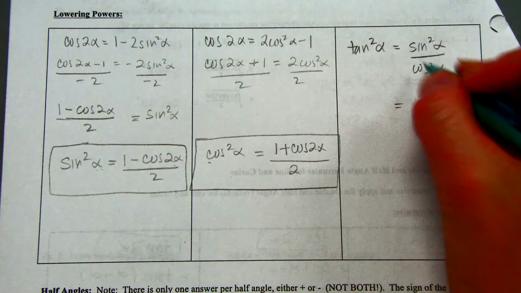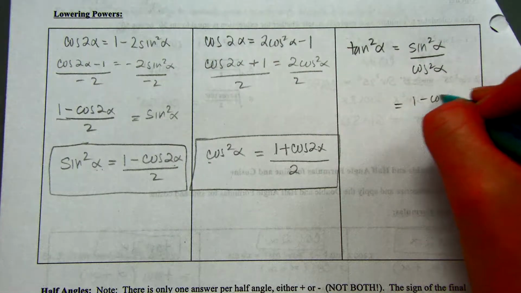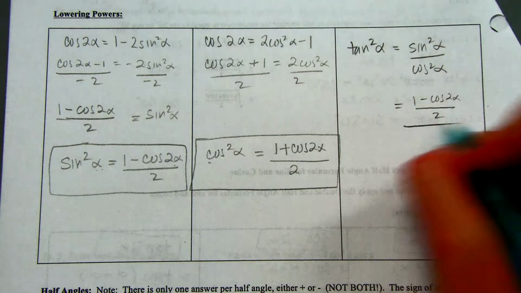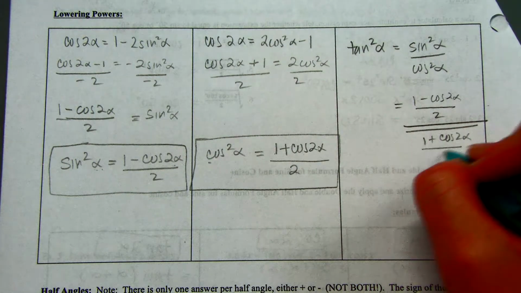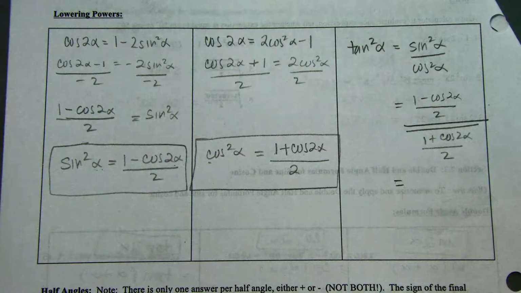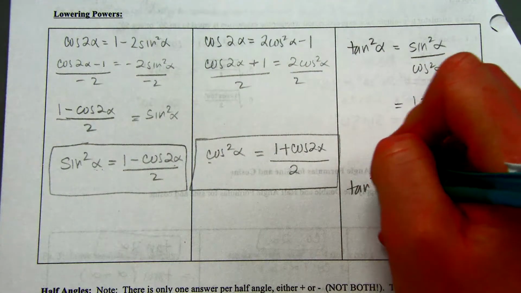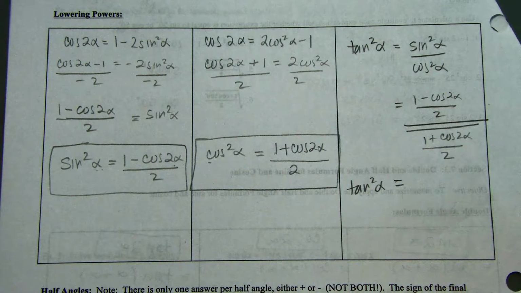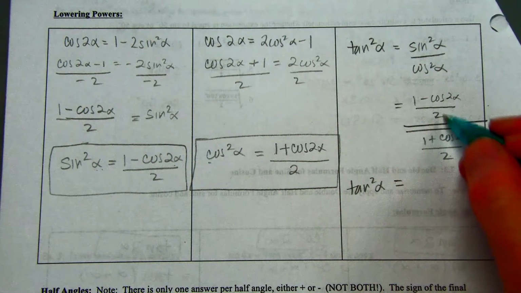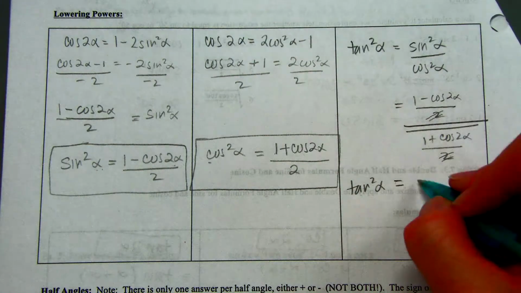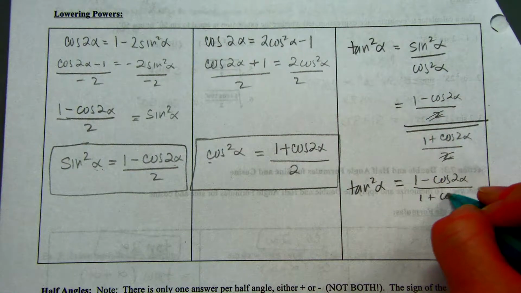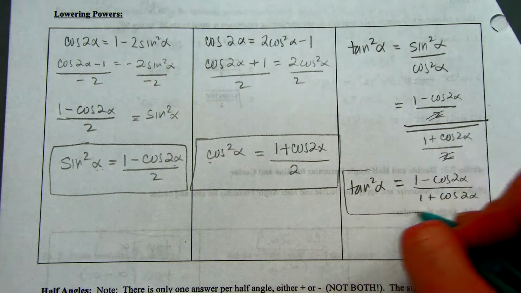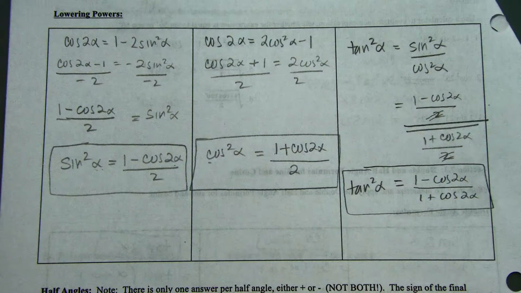So sine squared alpha is (1 minus cosine 2 alpha) all over 2, and then all over (1 plus cosine 2 alpha) all over 2. Since the denominators match, they cancel each other out. We get (1 minus cosine 2 alpha) over (1 plus cosine 2 alpha). And here are your three formulas for lowering powers.